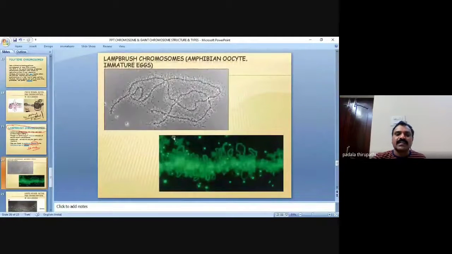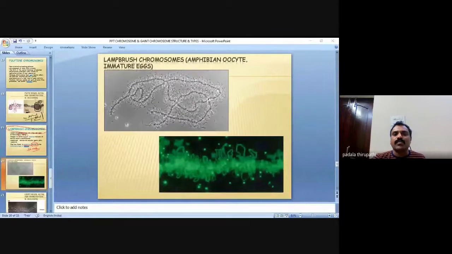This image shows the lampbrush chromosomes of an amphibian oocyte. This is an immature egg, and it shows this lampbrush chromosome. I will draw this lampbrush chromosome.